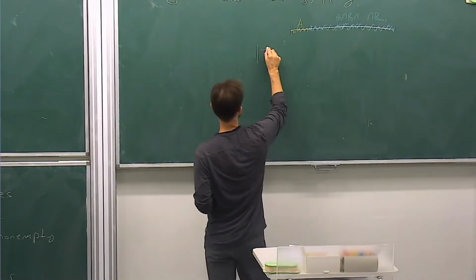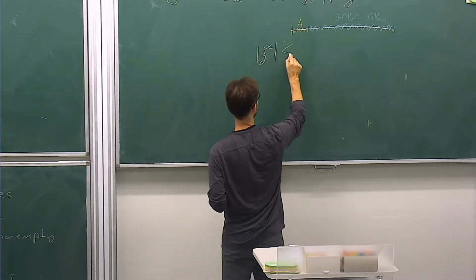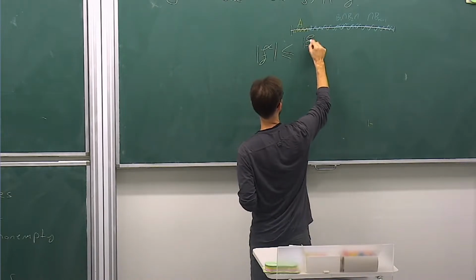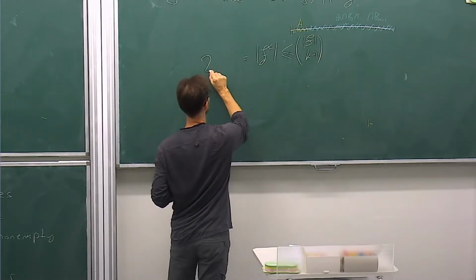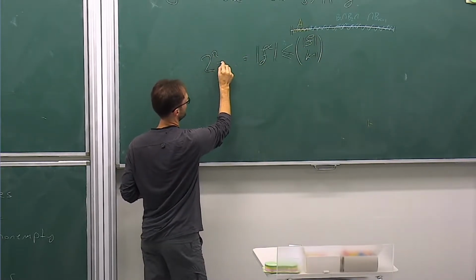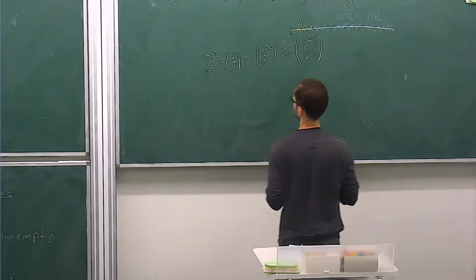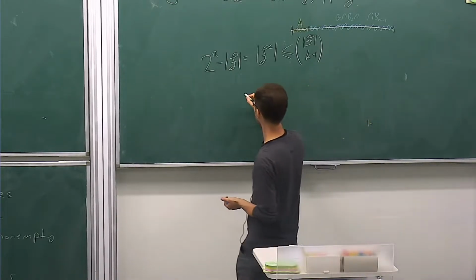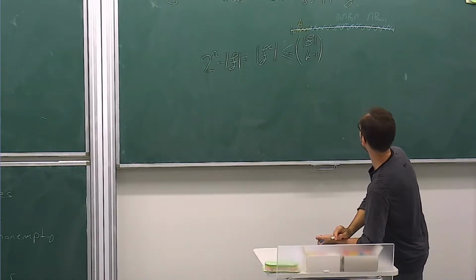So this tells us that the size of F complement is at most the size of F choose k minus 1, and this is equal to 2 to the n minus the size of F. An injection, yes.